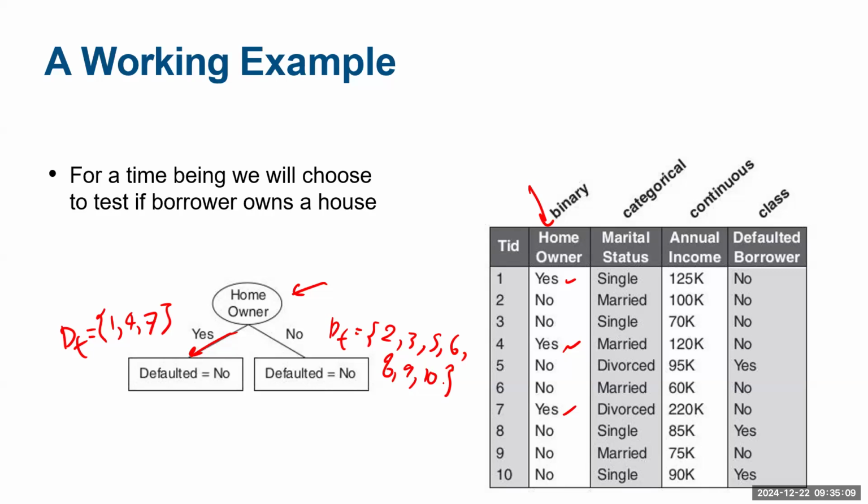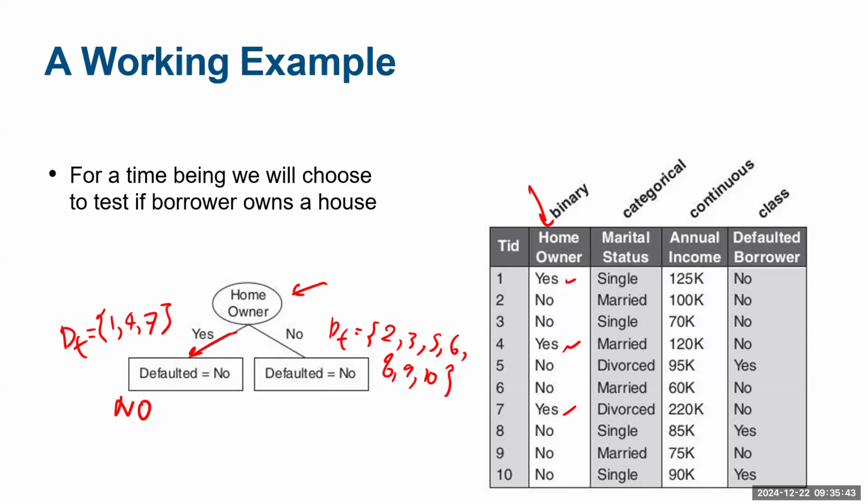If I stop here, what would be the answer for the left side? I look at 1, 4, 7, and all of them say no. So for this side, I can strongly say no, because everything on this side has the same class.